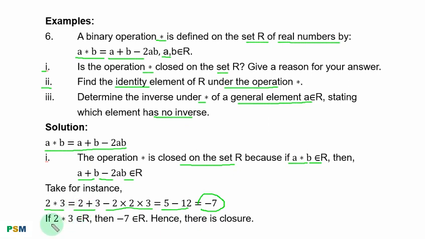If 2 * 3 is a member of the set ℝ, then −7, the result, is also a member of ℝ. Hence, there is closure.